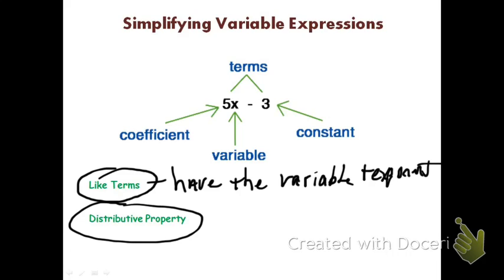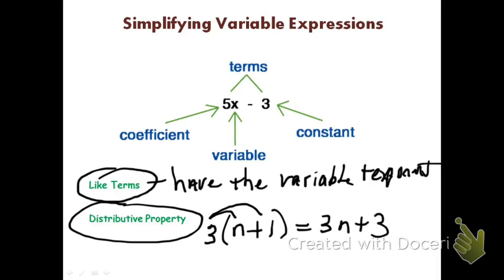And the distributive property just simply says this: if you're multiplying something times a quantity, let's say we're multiplying 3 times n plus 1, that 3 distributes over n plus 1, so we'll write that as 3n plus 3. Okay, so like terms have the same variable with the same exponents. Distributive property, multiplication distributes over addition.